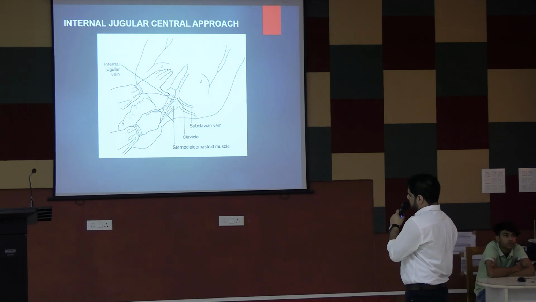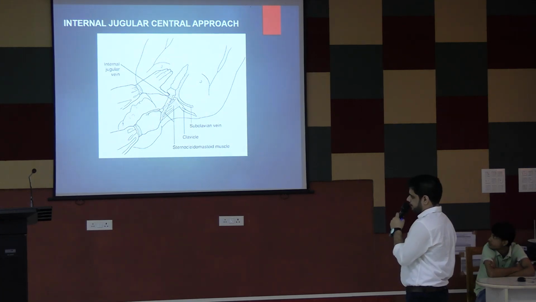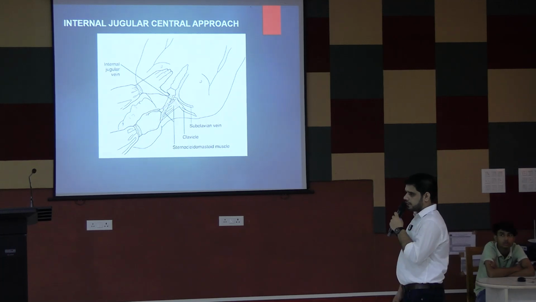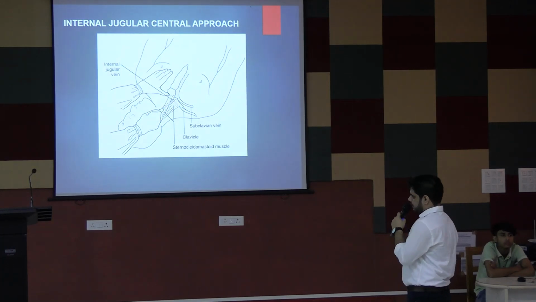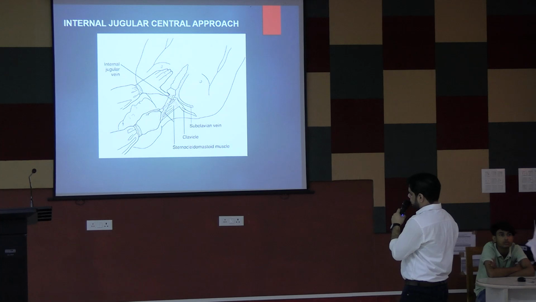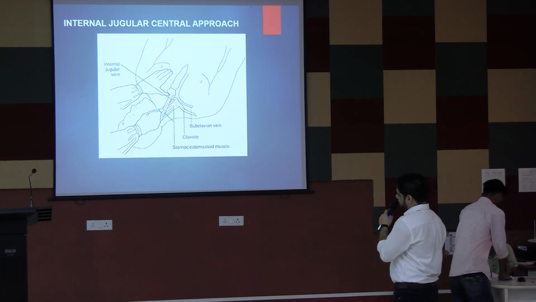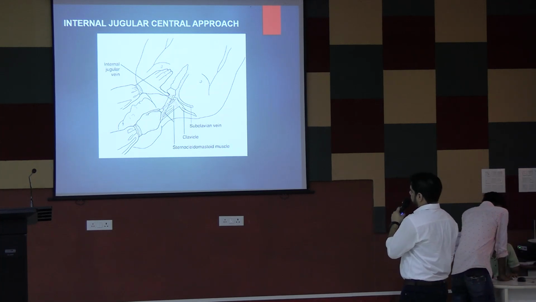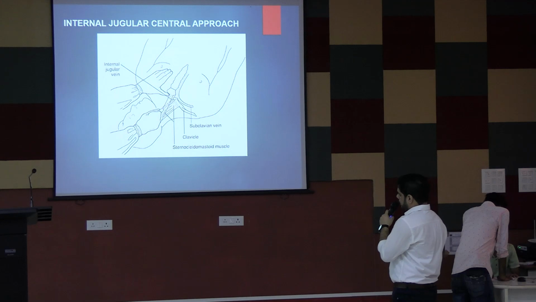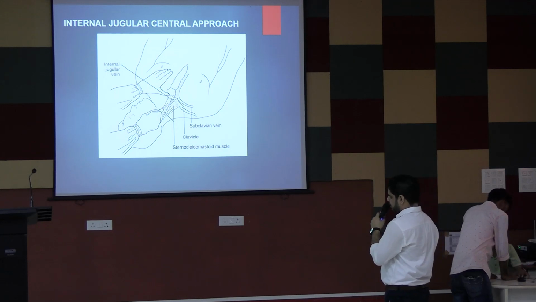The triangle is formed by the anterior border of the sternocleidomastoid, the posterior border of the sternocleidomastoid, and the clavicle. Then you have to feel the carotid artery pulsation. Then you introduce the needle, and if blood comes, the procedure is the same.